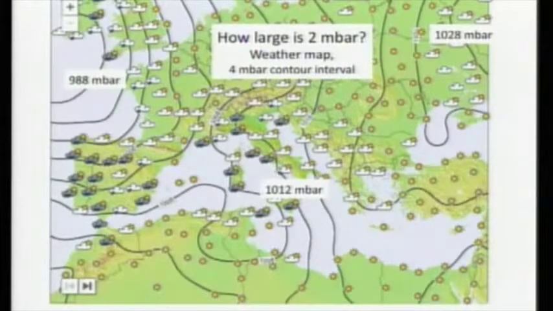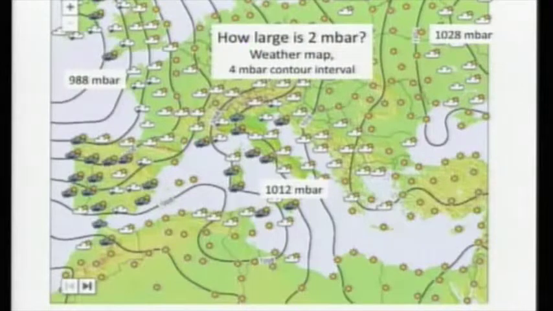Pressure variations here are contoured with a 4 millibar contour interval. The pressure here was about 1,012 millibars. In England, it was 988, and in Russia, it was 1,028. So variations in pressure are much larger than we would see from production at Cavone at the hypocenter location.